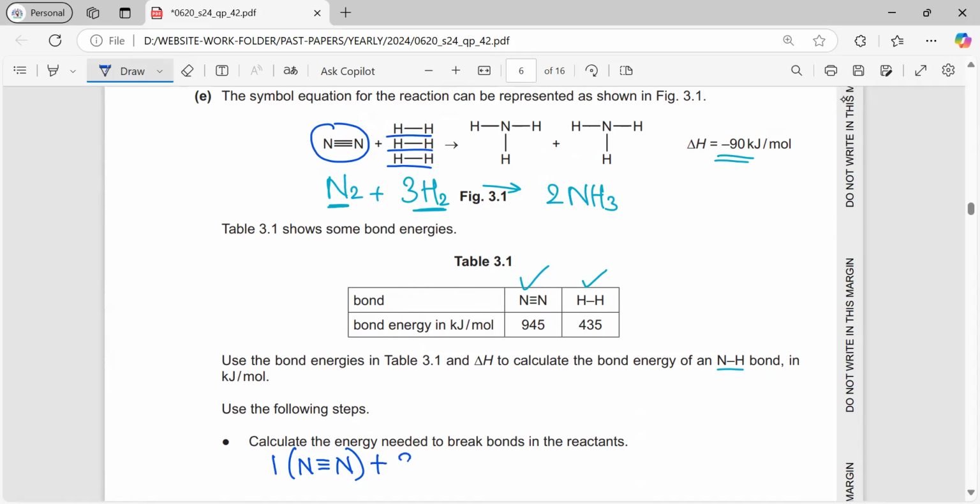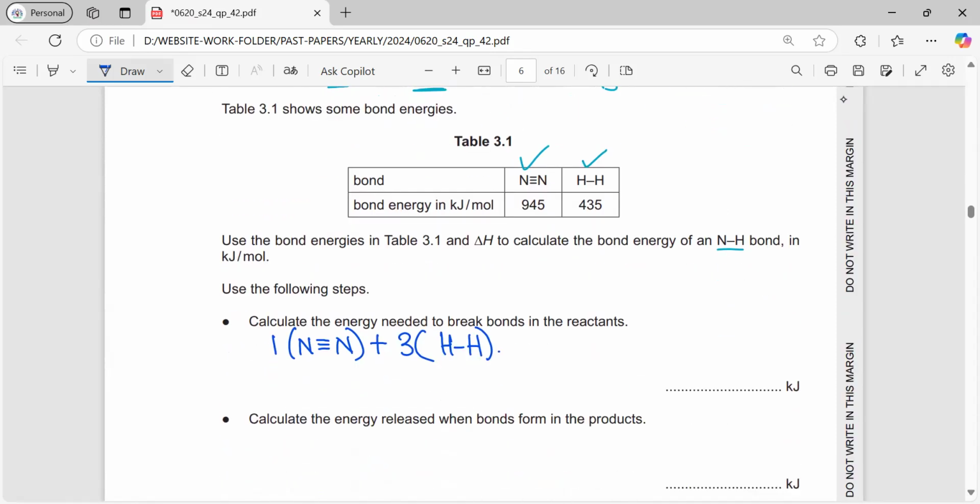So we will do 3 H-H bonds. If we substitute the values, N≡N 945 plus 3 molecules of H-H at 435, which gives us the value positive 2250 kilojoules.